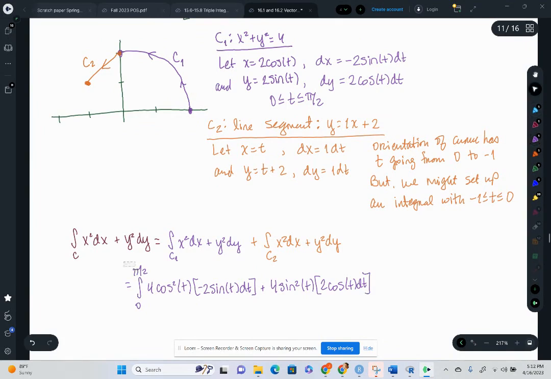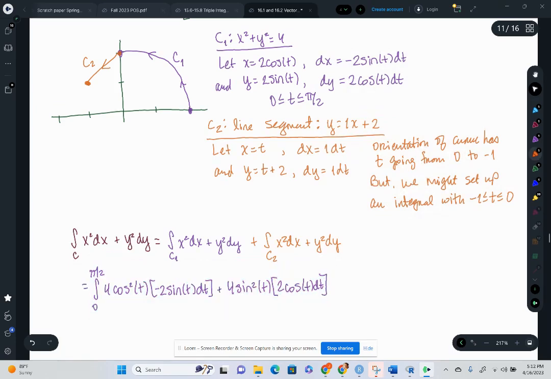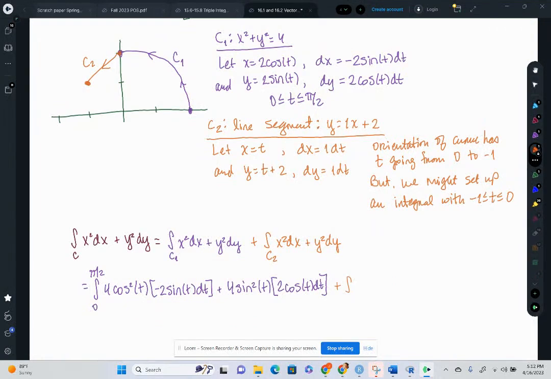So that is my first integral over C1. For C2, if when I'm setting up integrals I automatically say, okay, I'll go from -1 to 0, we'll go ahead and write it that way. And now the x squared, I have to go to my C2 parametrization. x is t, so I have t squared. dx is 1 dt.